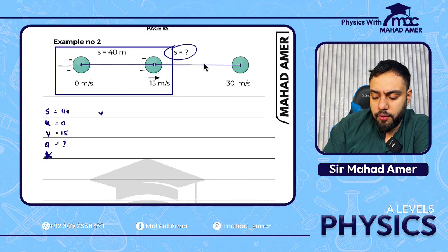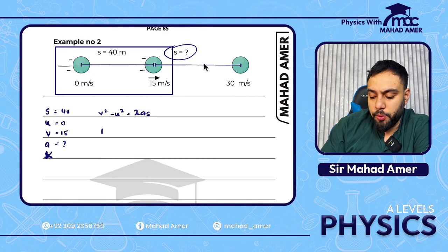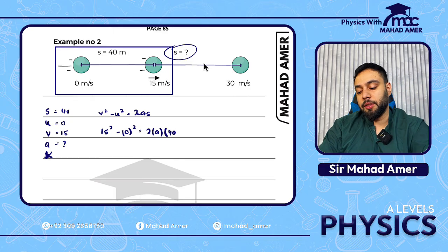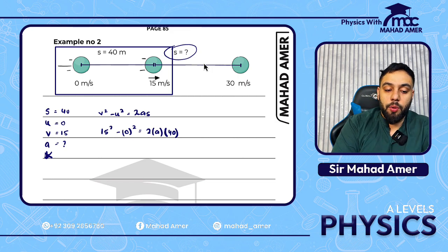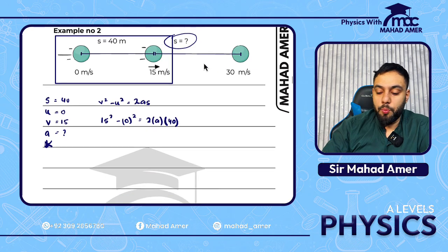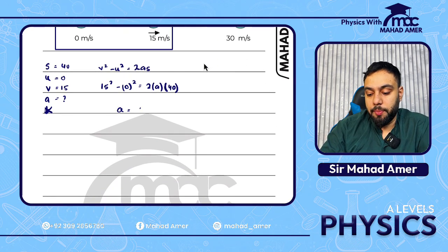So I'll again be using V square minus U square equals 2AS. 15 squared minus 0 squared equals 2 times acceleration, which is to be found, times displacement 40. So 15 squared divided by 2 times 40, in which I'll be getting 2.8. So acceleration will be 2.8 meters per second squared.